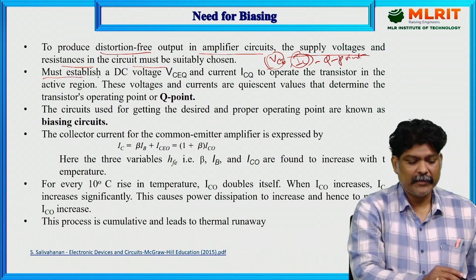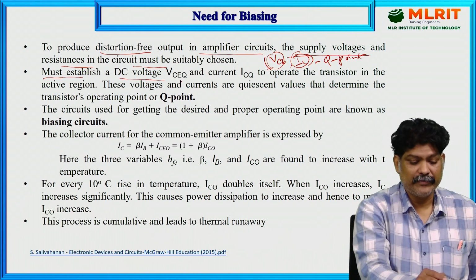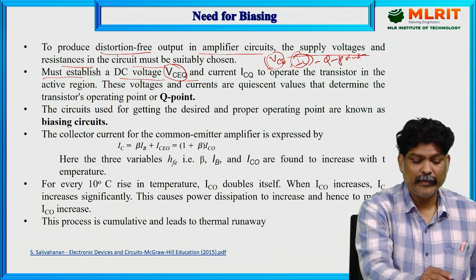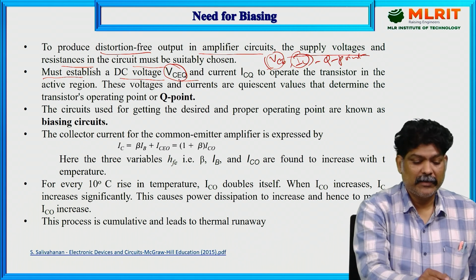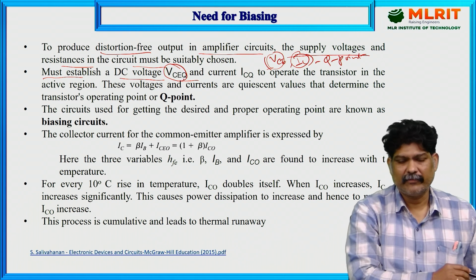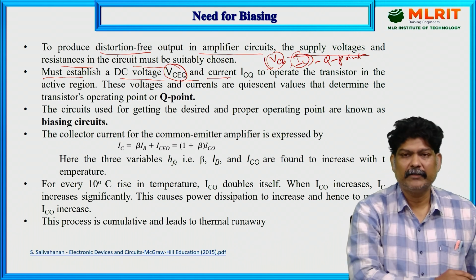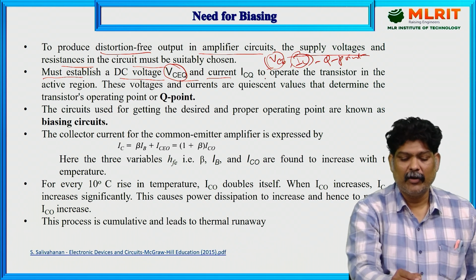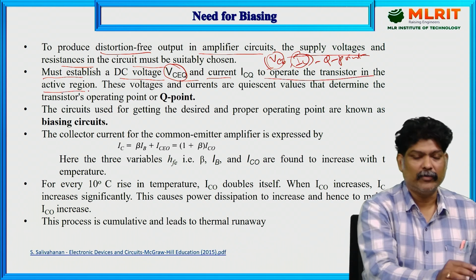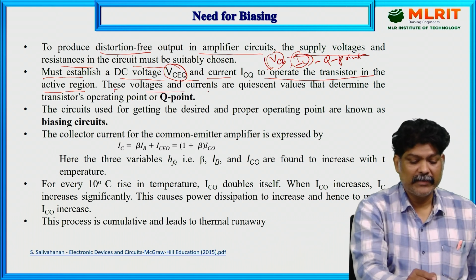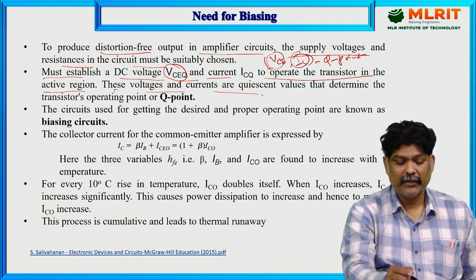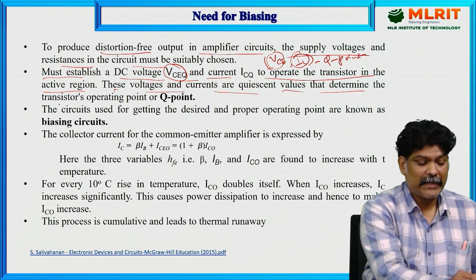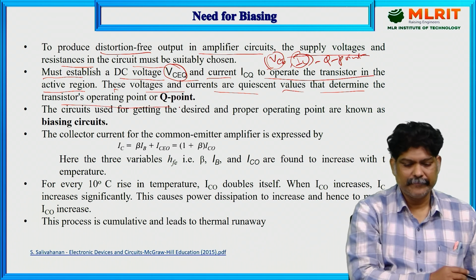So, there must be established a DC voltage VCEQ, meaning collector to emitter quiescent voltage, and ICQ, the collector current quiescent value, to operate the transistor in the active mode. These voltages and currents are called quiescent values that determine the transistor operating point, the Q point.